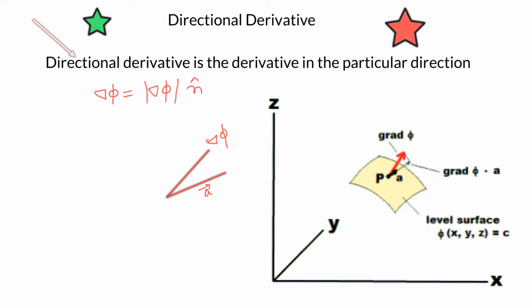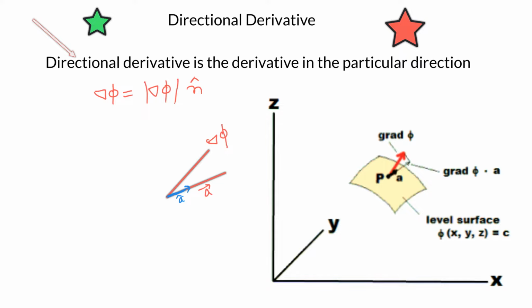You will take the unit vector in that particular direction, and the unit vector, say, is of this much length only. So this is the unit vector.